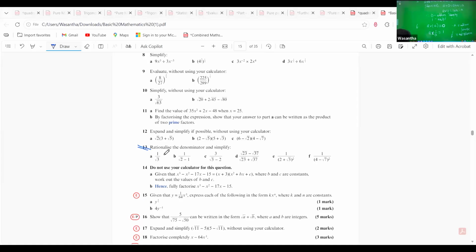Okay, let's revise quickly what we have done. 1 over root 3, that's simple, no? 1 over root 2 minus 1, 3 over root 3 minus 2, root 23 minus root 37 over root 23 plus root 37, 1 over 2 plus root 3 squared, 1 over 4 plus root 4 minus root 7 squared. Clear? See, I will discuss quickly, right?